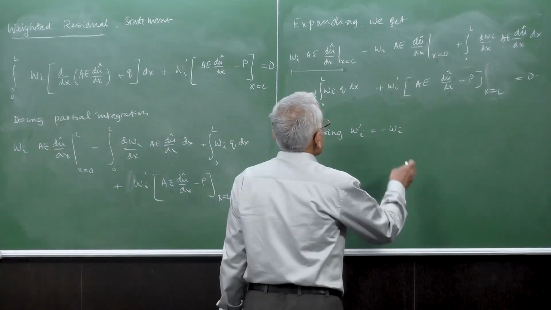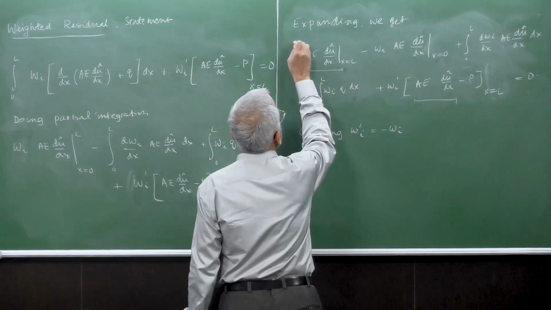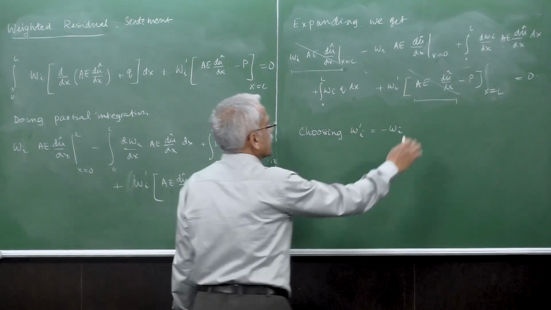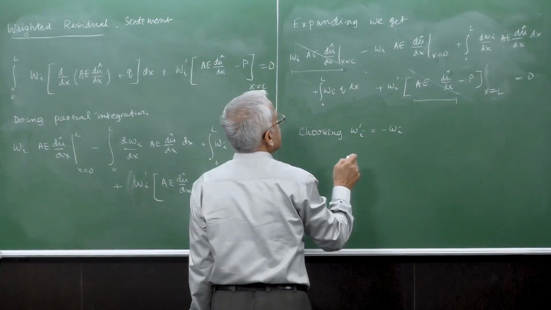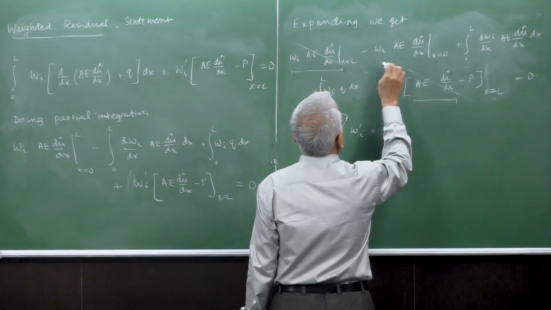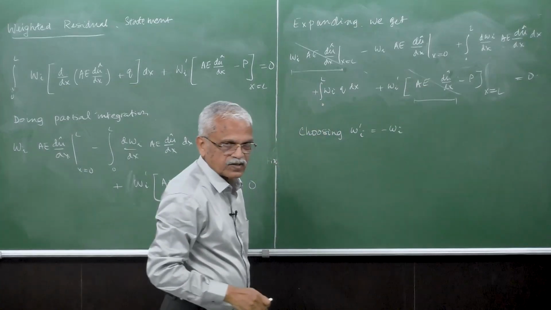So if that is the case, then you can see that these two terms can be cancelled, and what is left is this one here, wi ae du by dx at x is equal to 0.